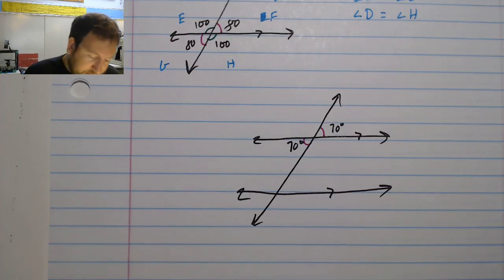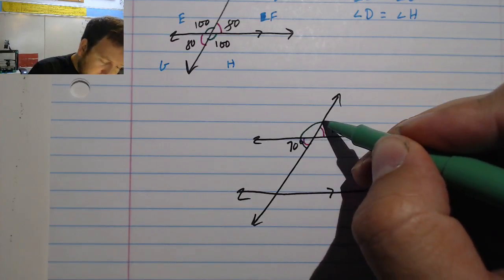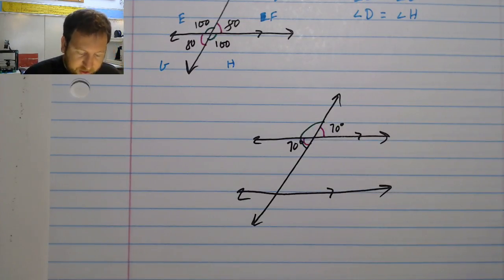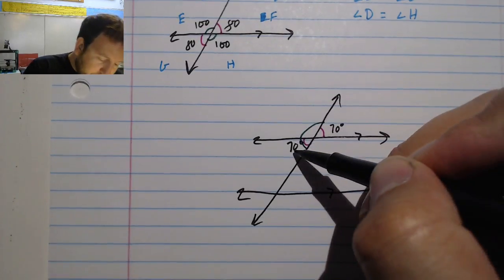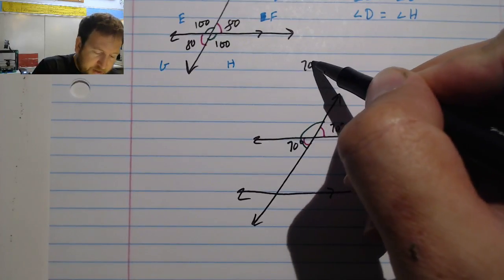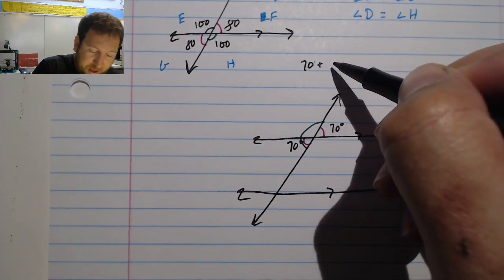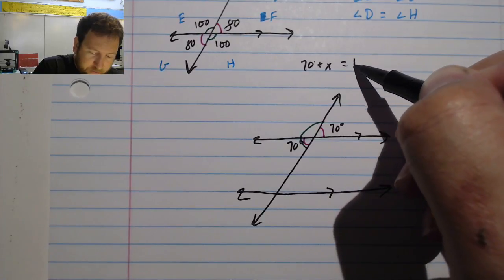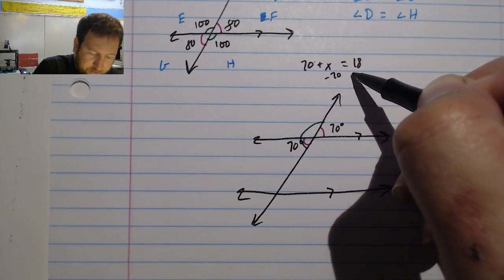Okay, so that means that here, this is going to give me an adjacent angle. And then I can say this total is going to be 180 degrees. So 70 plus missing angle equals 180, so 180 minus 70.